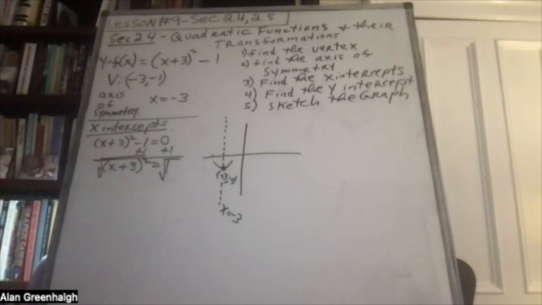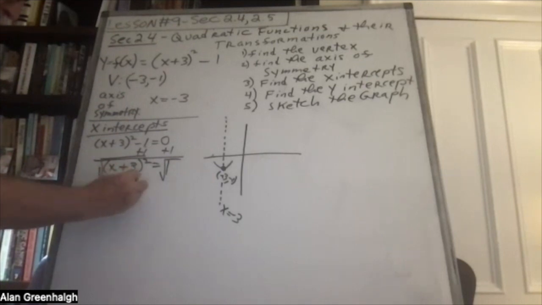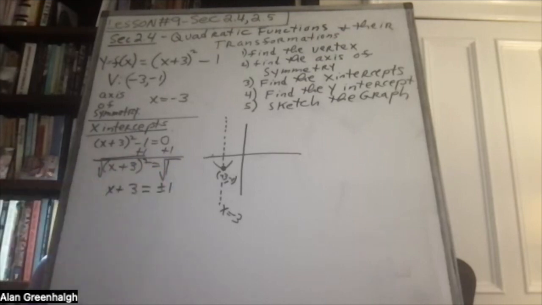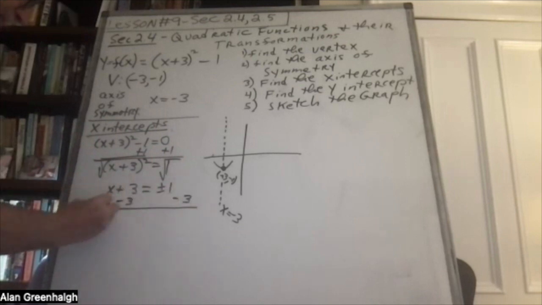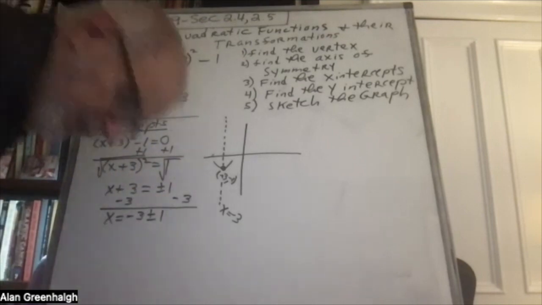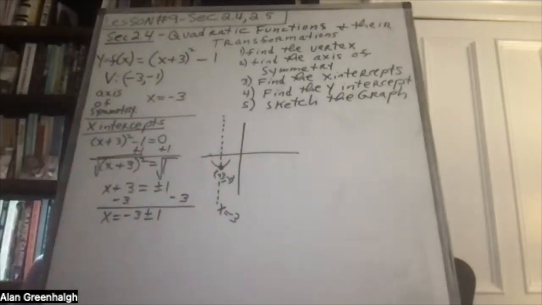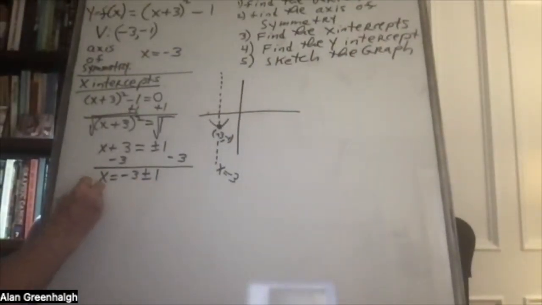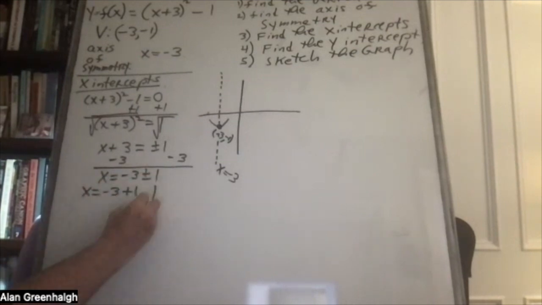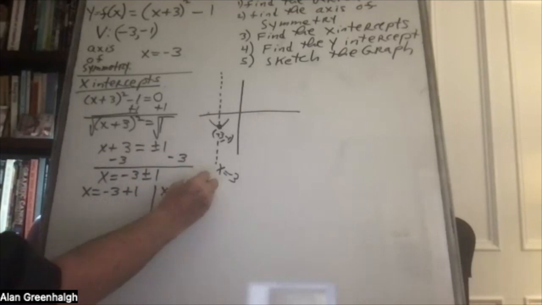Thank goodness we're not going to have anybody's birth year now. And this will be plus or minus 1. This is good because you don't have to use your calculator. So x will equal -3 plus or minus 1, which is going to give us the x-intercepts rather quickly because x will equal -3 plus 1, x will equal -3 minus 1.